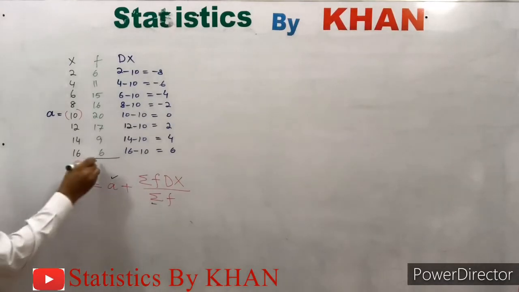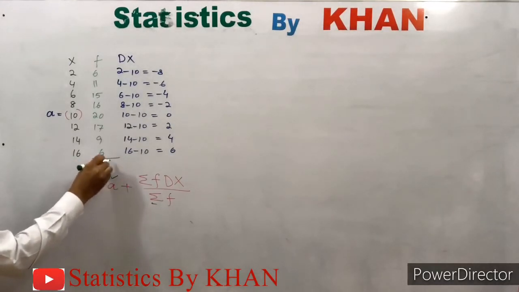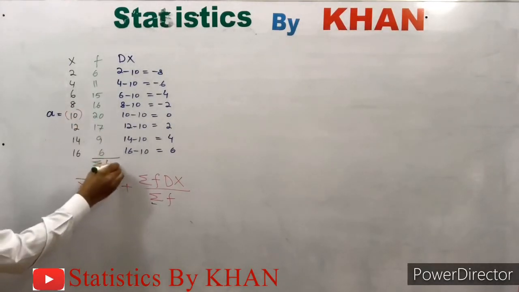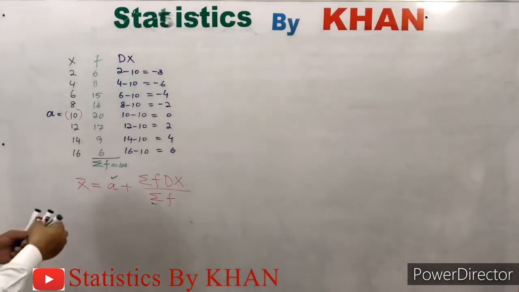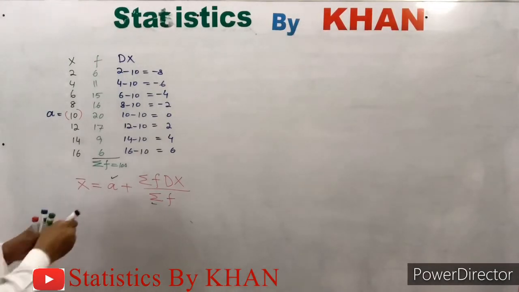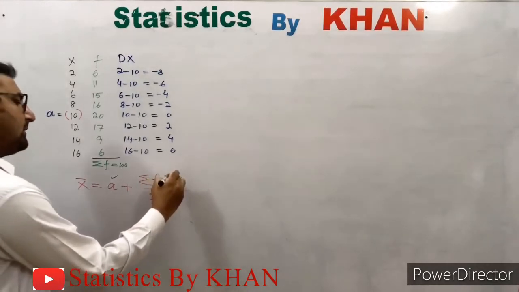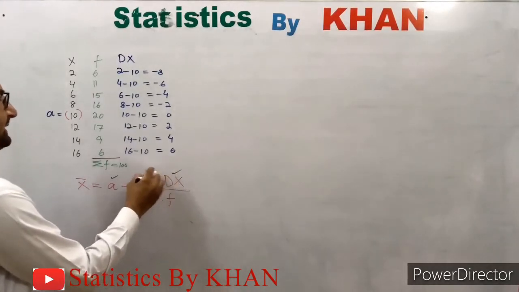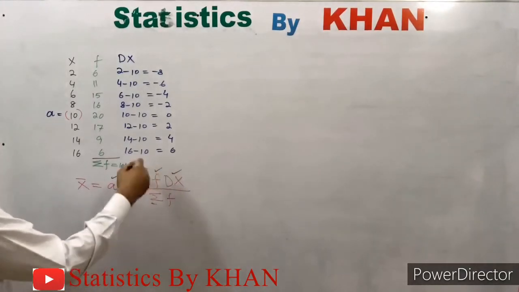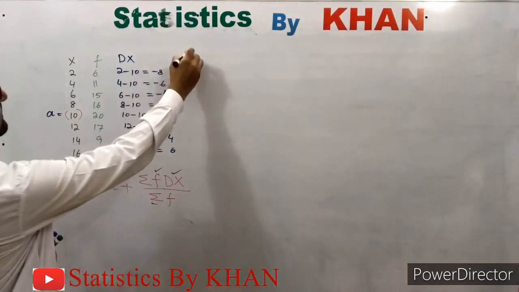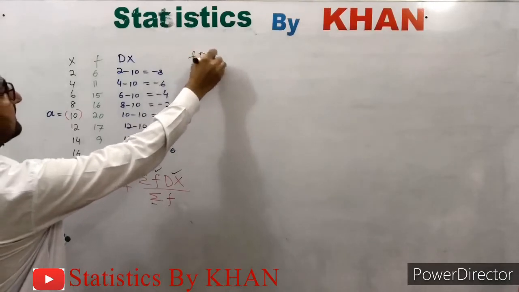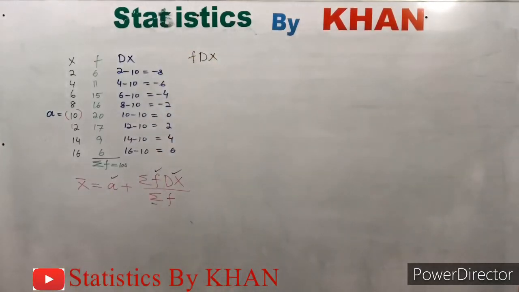So this equals 100, as the total is 100, but we don't have summation f dx right now. We have dx, we have f, but we don't have their multiplication.